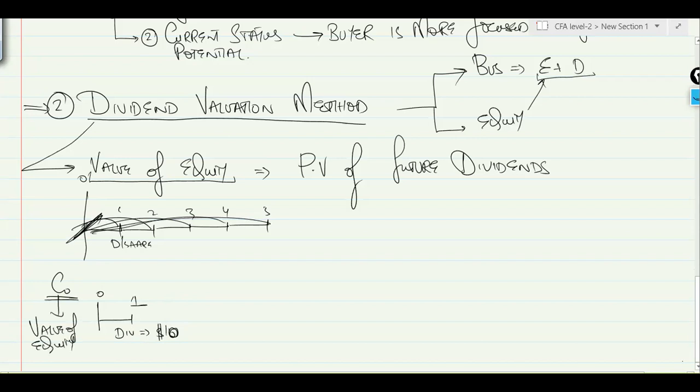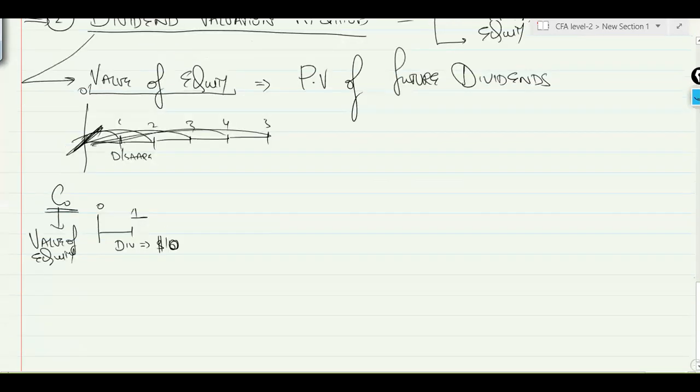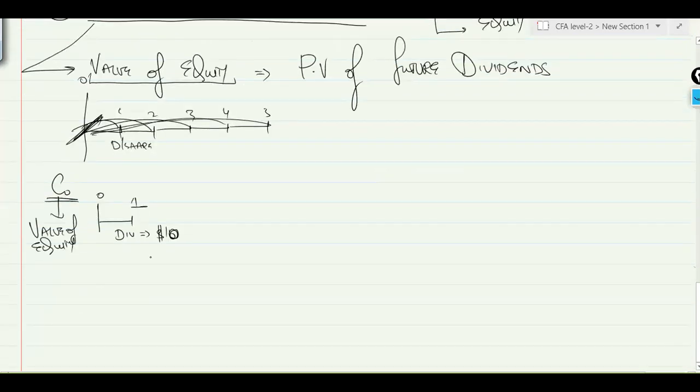How would you do that? Simply by computing the present value of all the dividends. Because the same dividend will be paid in the future years, we can call this a perpetuity, a cash flow occurring again and again forever.